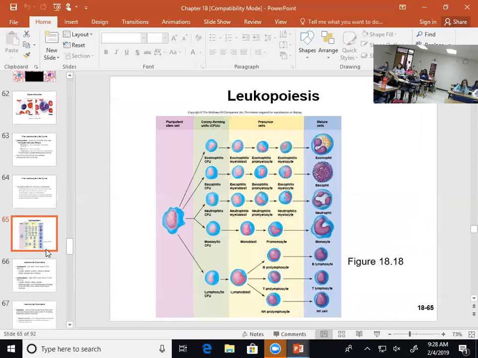If it's a bacteria assaulting the tissues, then what is it going to become? A neutrophil. If it's a virus that's invaded your tissues, they're going to be slightly different types of colony stimulating factors that are going to cause it to become a lymphocyte, right? If it is allergies or worms, what is it going to become? An eosinophil. Are y'all with me on this?